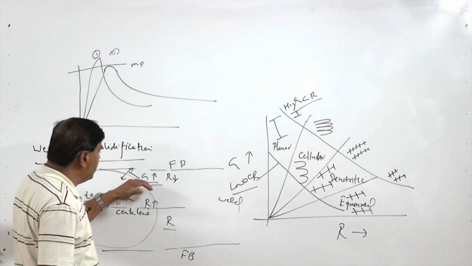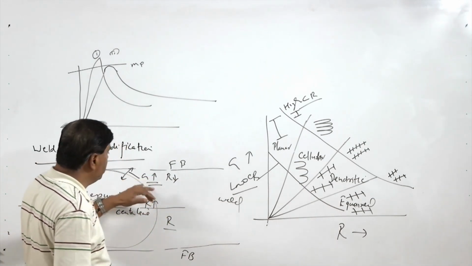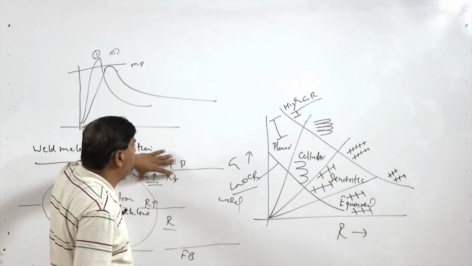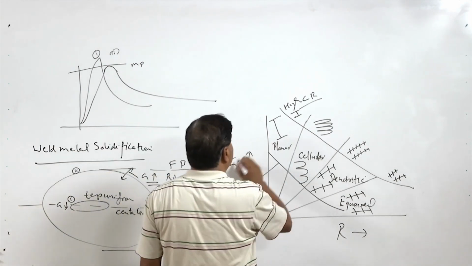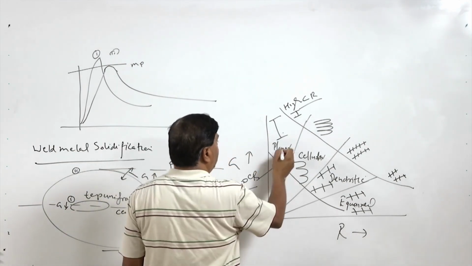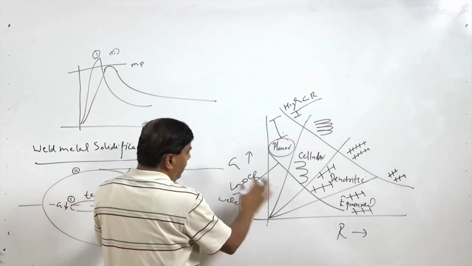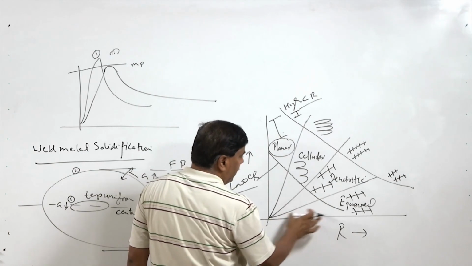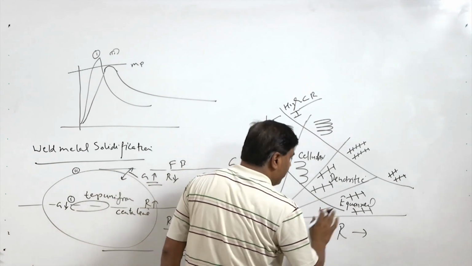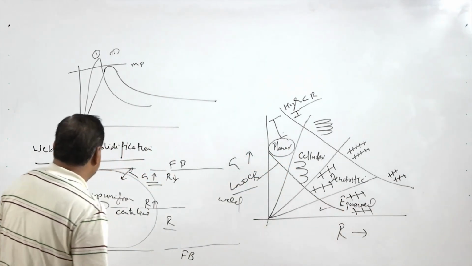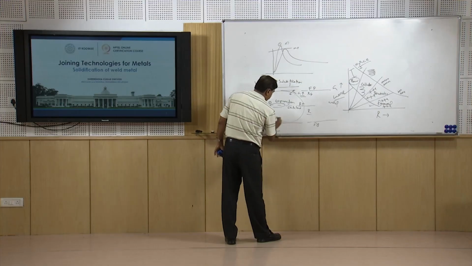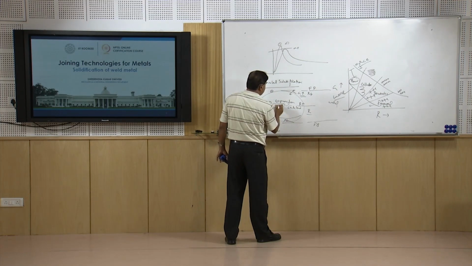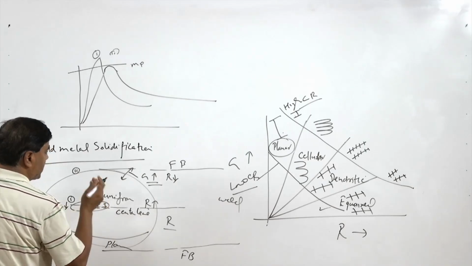The combination of a high value of G and a low value of R at the fusion boundary results in the planar grain structure, while at the center the low value of G and high value of R results in the equiaxed grain structure. So it is very common that the fusion boundary invariably shows the planar grain structure, while the center will have the equiaxed grain structure.